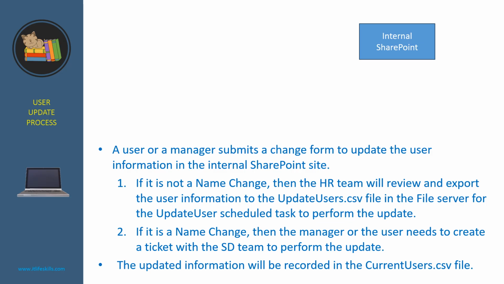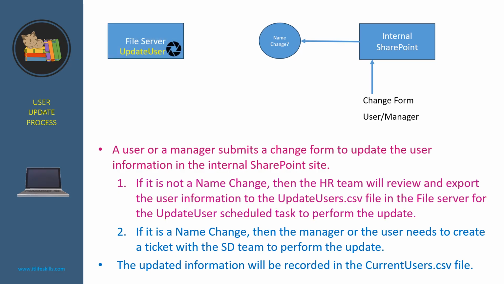Here is the user update process at ITLifeSkills. It starts with a user or a manager submitting a change form to update the user information in the internal SharePoint site. Here we need to determine if it is a name change or not.